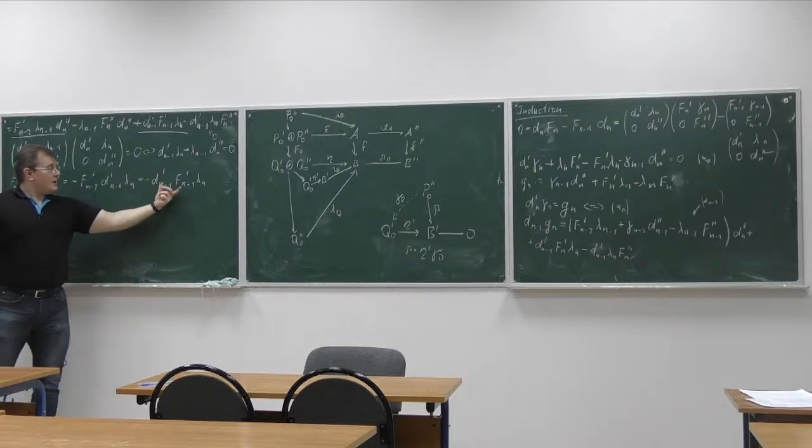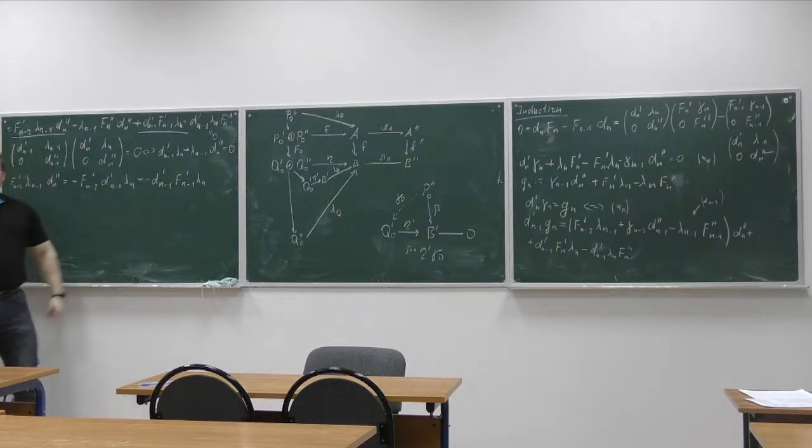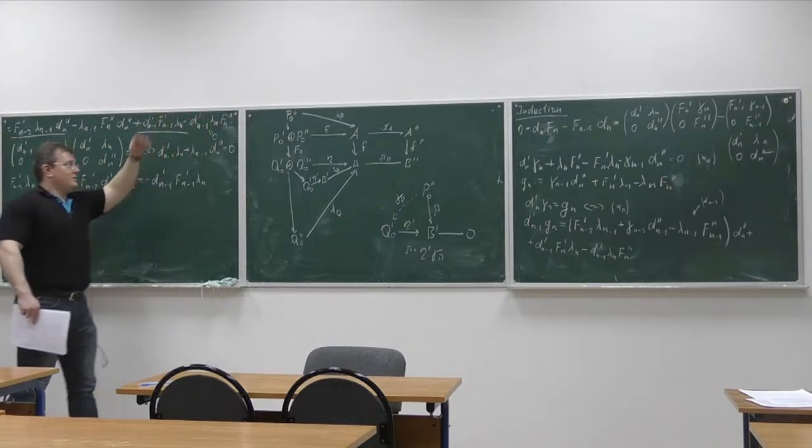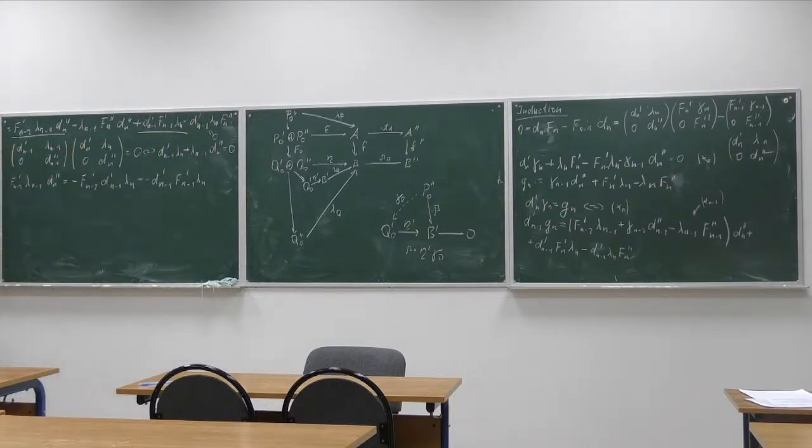So I'll get this thing, and now this is precisely the third term up to a sign. And the same computation, I don't want to do this, but just two commutations give you that this term is the same as this term, again with the minus sign. So indeed, this composition is 0.